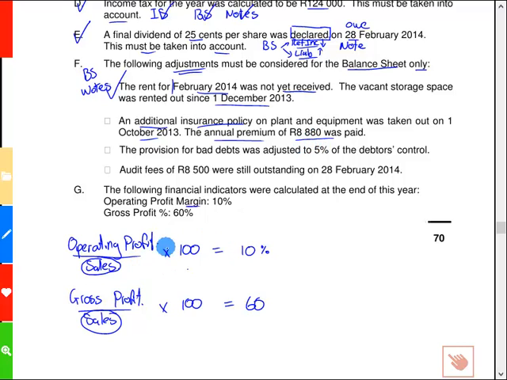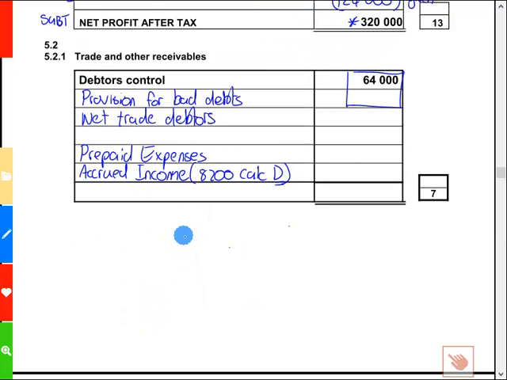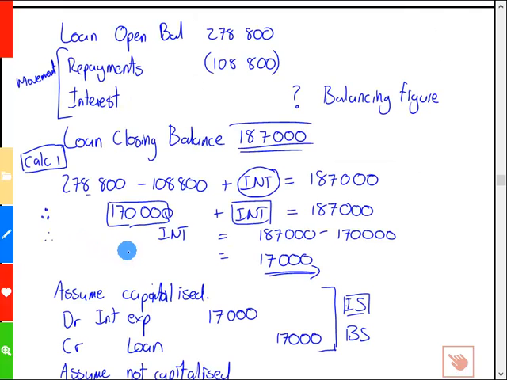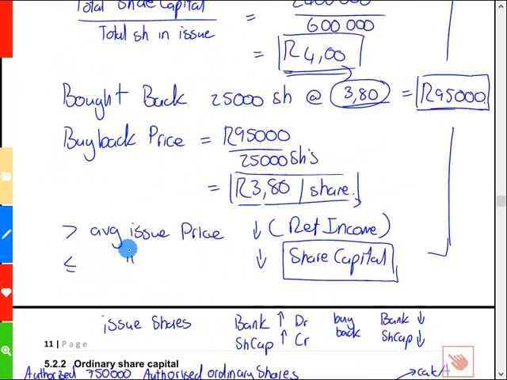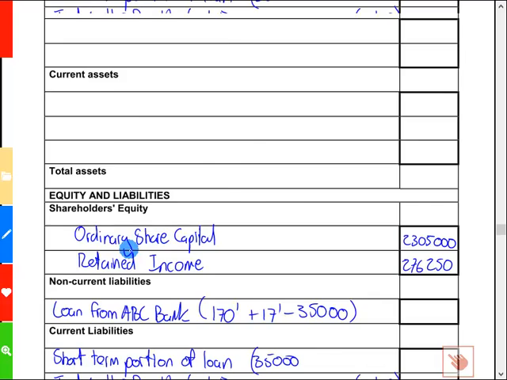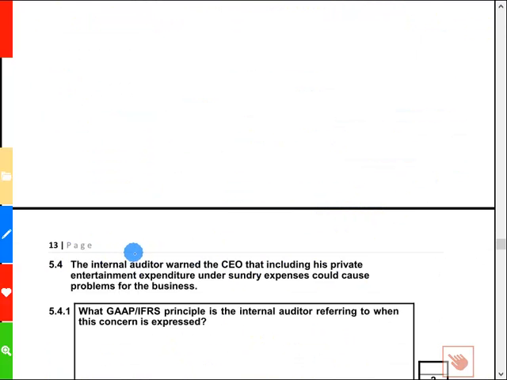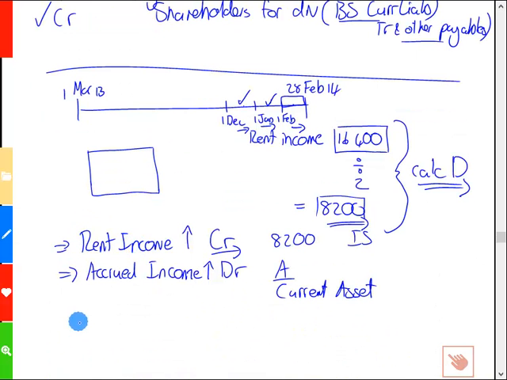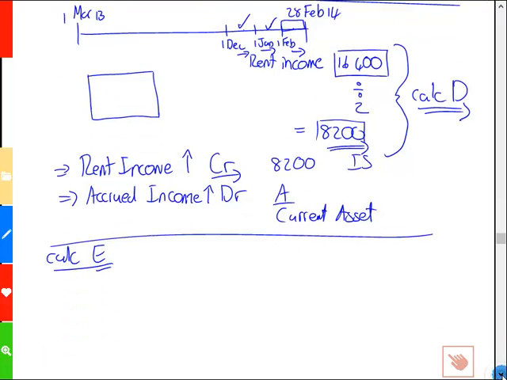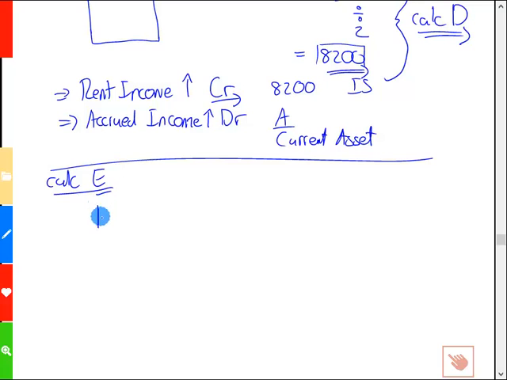So again, we're going to draw our timeline. This is calculation E. We've taken out an additional insurance policy.